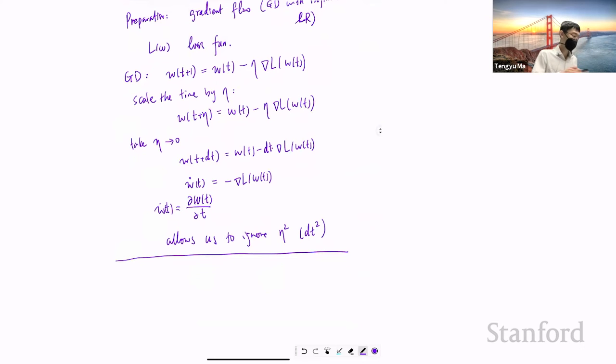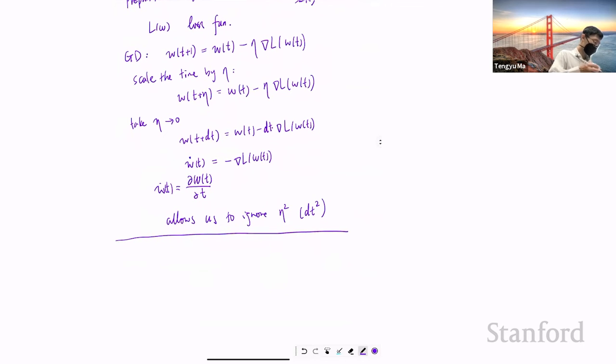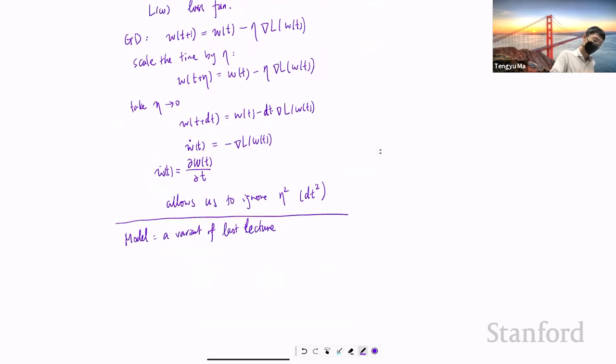Okay, so now let's talk about the model we're going to discuss. The model is a variant of the last lecture. There are some reasons for changing the model a little bit, which I'm going to discuss, but it's not super important. The model is a quadratically parametrized linear model. We have two parts. Let me write it down.